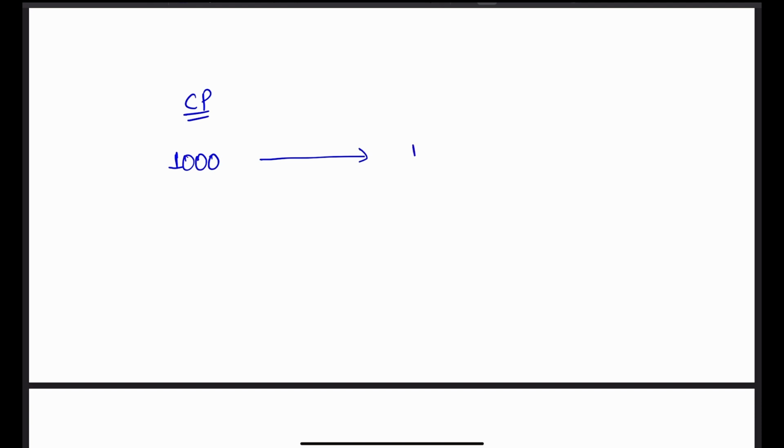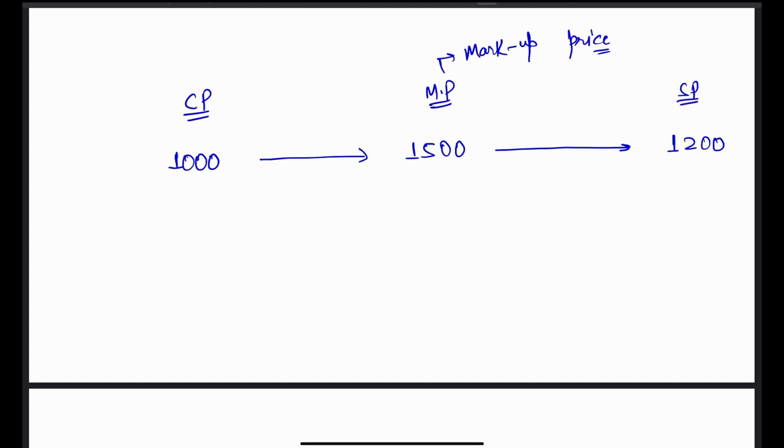So I will write the MRP, the markup price, that's called markup price, MP, on the dress. And then when the customer comes and purchases, I will sell after giving discount at 1200 rupees. So the cost of goods was 1000, but I have written the markup as 1500.